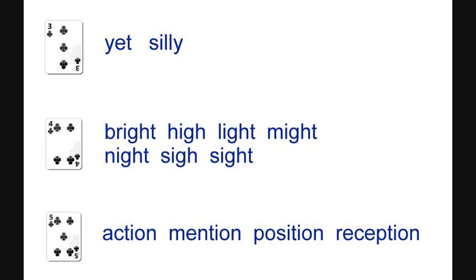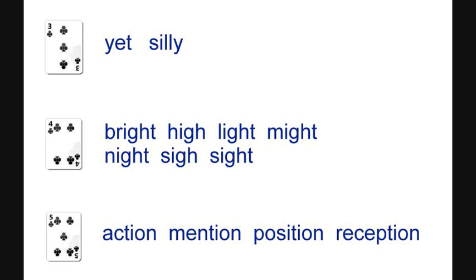Another rule that usually works: the letters I, G and H together in a word sound like the name of the letter I. Look at the four of clubs. The words are bright, high, light, might, night, sigh, sight.